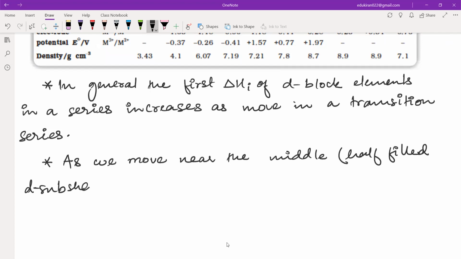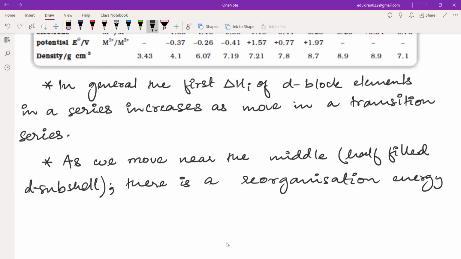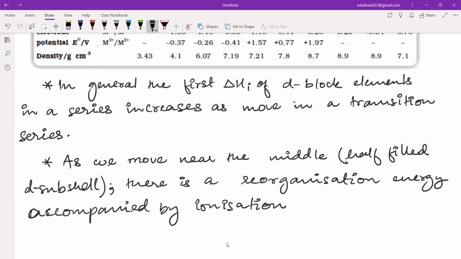As we move near the middle, that is the half filled d subshell, there is a reorganization energy accompanied by ionization, with some increase in exchange energy in d^n configurations.